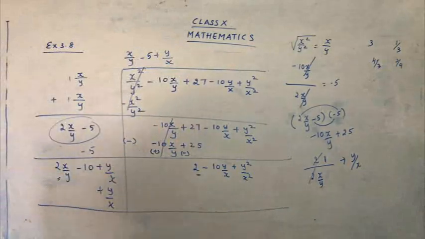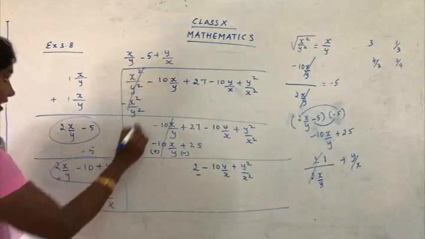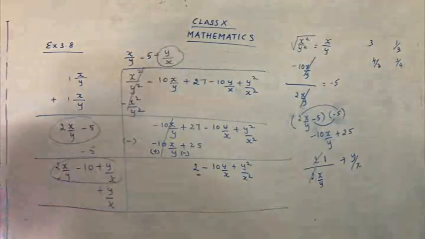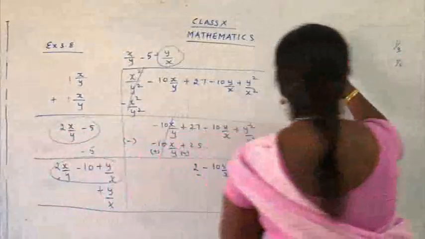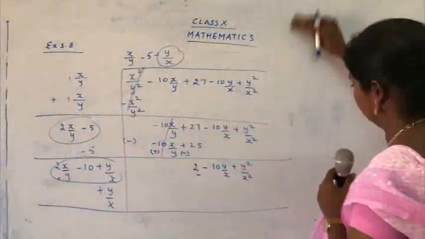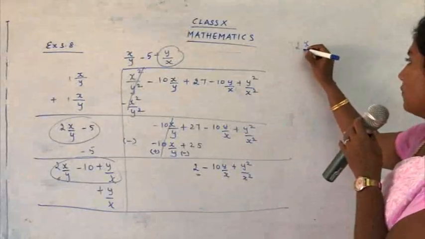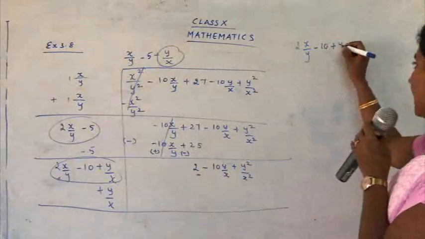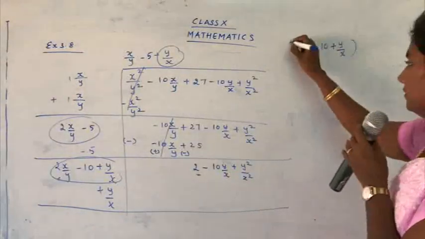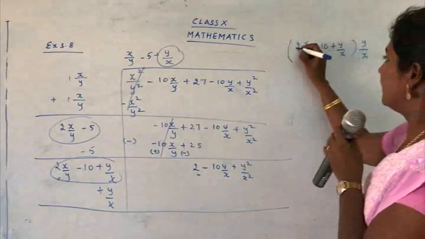So now what's the next thing? We have to take this part and you have to multiply by y upon x. So let's multiply. So it's 2x upon y minus 10 plus y upon x, y upon x. See the multiplication, children.